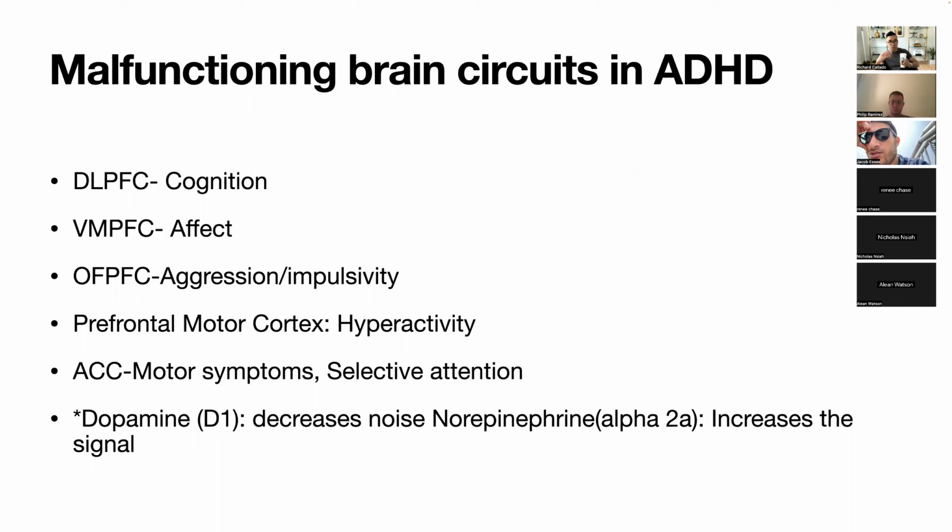flight response, and it also will start the cascade we talked about last time, the HPA, the hypothalamic pituitary adrenal axis. So it's going to increase cortisol, and that same feedback loop is going to eventually cause, that's why sometimes they say anxiety precedes depression, especially in children. A lot of times kids will have an anxiety disorder first, and that's going to cause hyperactivity of the hypothalamic pituitary axis.